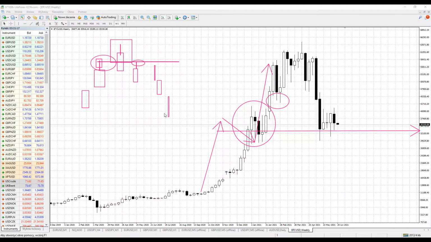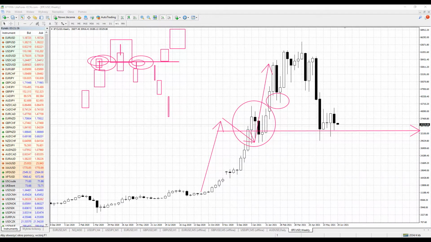If we see a daily close above that high, we might expect further upside development.